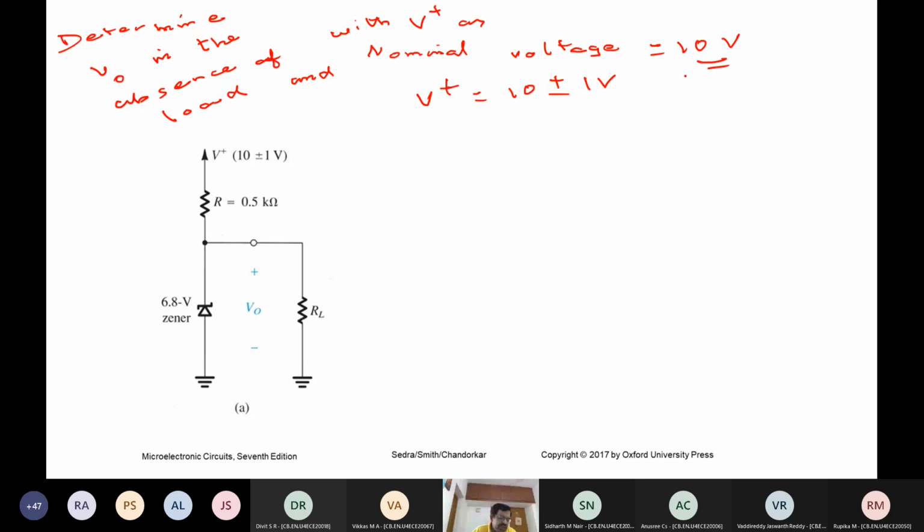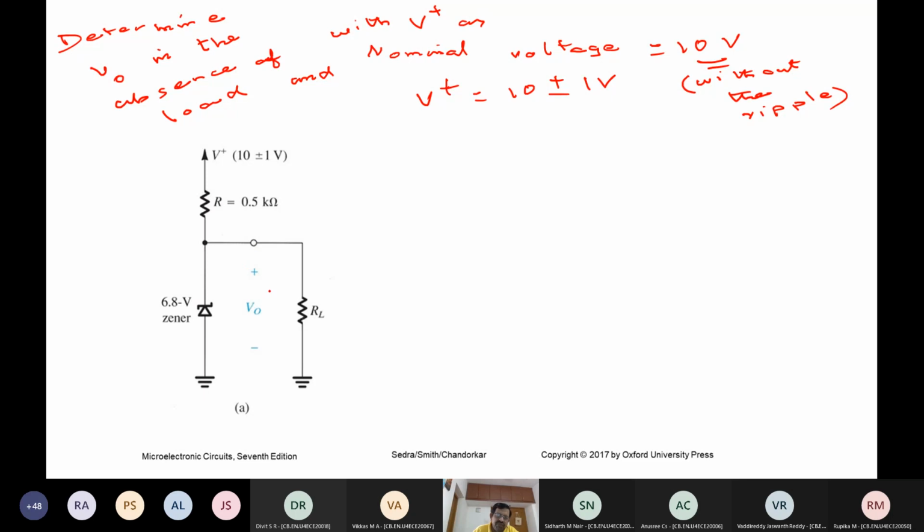That is the nominal voltage for the input supply, without the variation or the power supply ripple. That plus or minus 1 volt, which changes with time, is not considered when you consider the nominal voltage. Now, given in the circuit, these are the parameters.